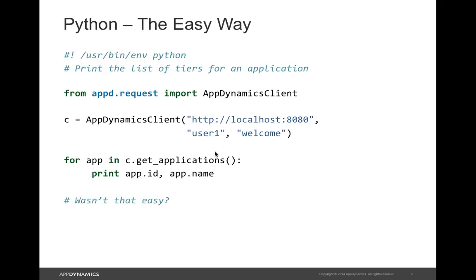Everything else that you want to do with the REST API, if I want a list of tiers, a list of nodes, license usage, if I want to download metrics or print the metric tree, all of that is pretty much the same. It's just different get methods that you call on the AppDynamics client, and it returns a bunch of nice Python objects that you can introspect and use to generate output.